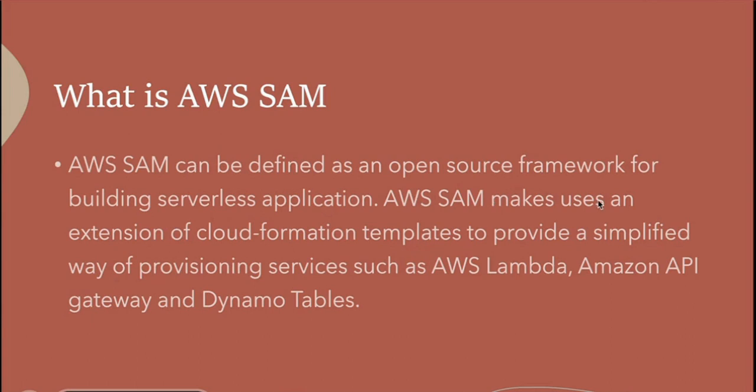AWS SAM makes use of an extension of CloudFormation templates to provide a simplified way of provisioning services such as AWS Lambda, Amazon API Gateway, and DynamoDB tables. If you've worked with infrastructure as code tools such as Terraform, Pulumi, or even CloudFormation, whereby you can provision your infrastructure on the fly, then this should be a breeze for you.